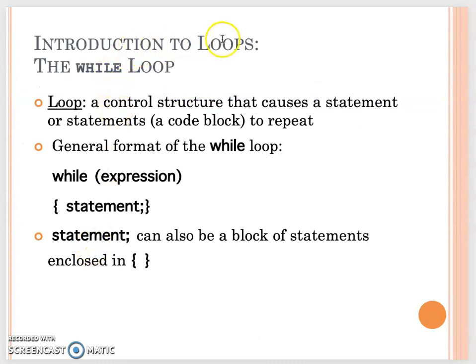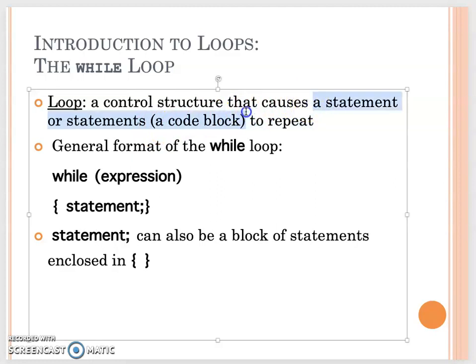So for the introduction to loops, you need to know that when we say a loop, that means you have a control structure that will cause a statement or multiple statements, usually a code block, to repeat.